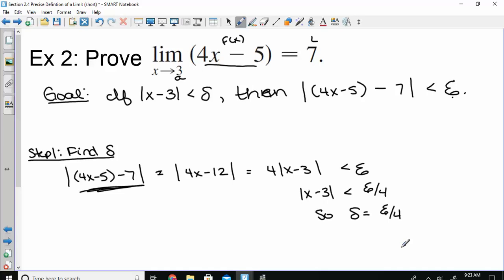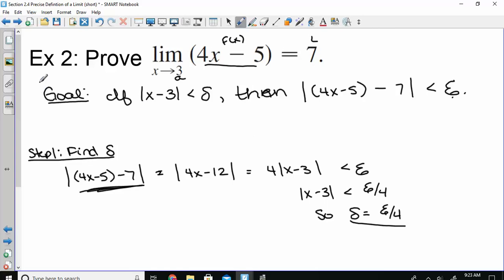My x's would have to be within 1/8 of 3. So this is just our scratch work to figure out, if you give me an amount for y, I can tell you how close x has to be.